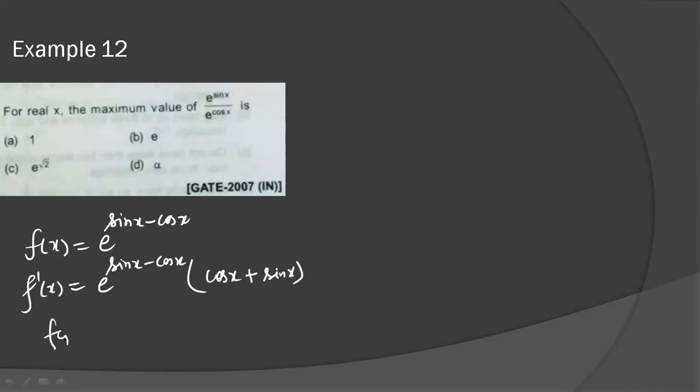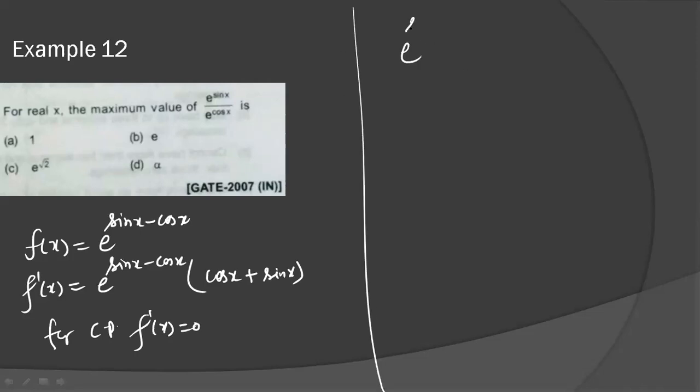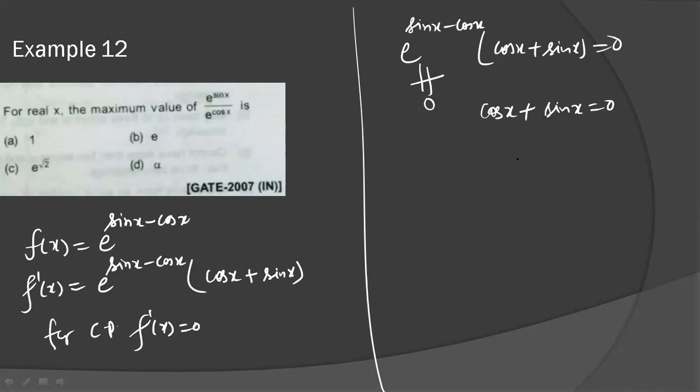So for critical points, f dash x equal to 0. So e to the power sin x minus cos x times cos x plus sin x equal to 0, and the exponential is never 0. Then cos x plus sin x equal to 0 will give you tan x equal to -1. So x equal to 3 pi by 4.